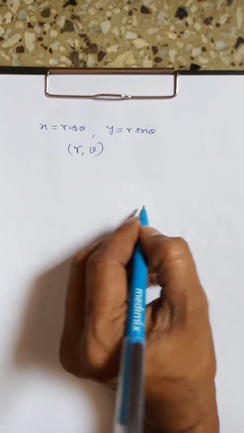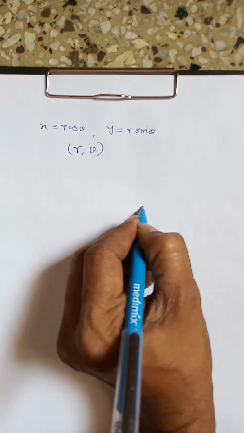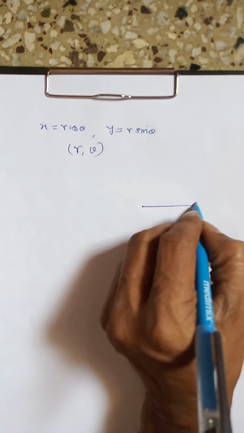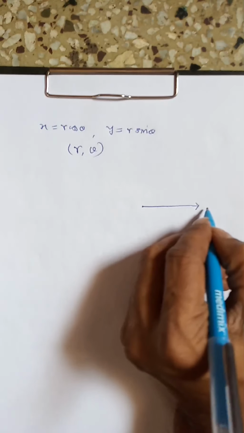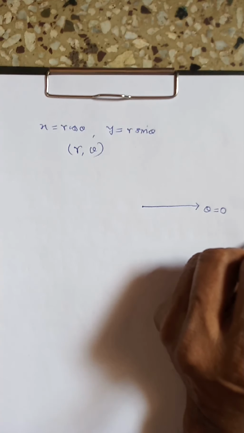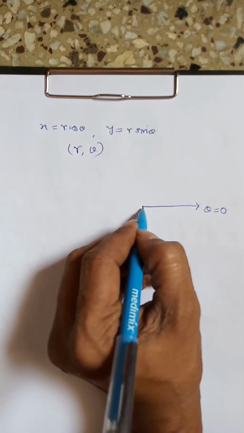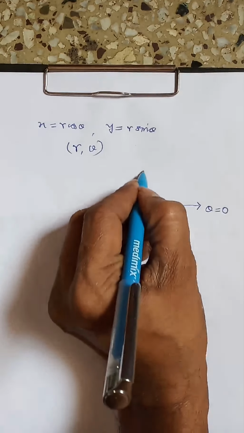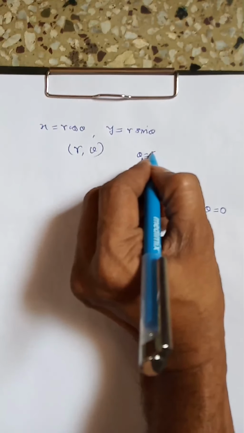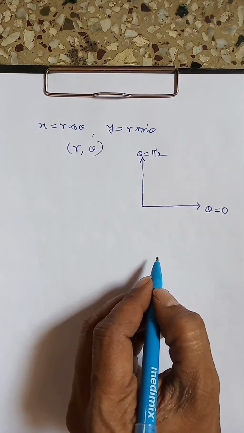So here you draw any line in any direction. That line is said to be the initial line, whose angle theta equals 0 with itself. Then draw the line perpendicular to this initial line, which is represented by theta equals pi by 2.